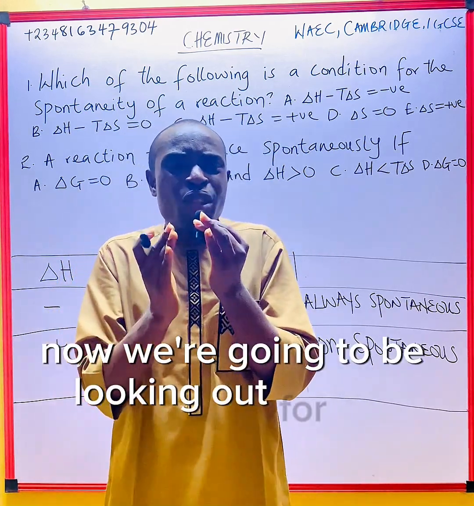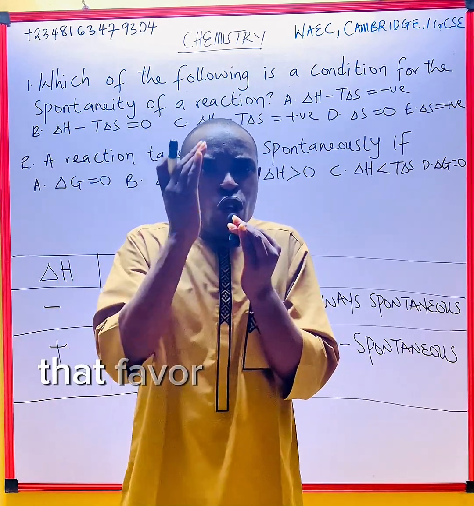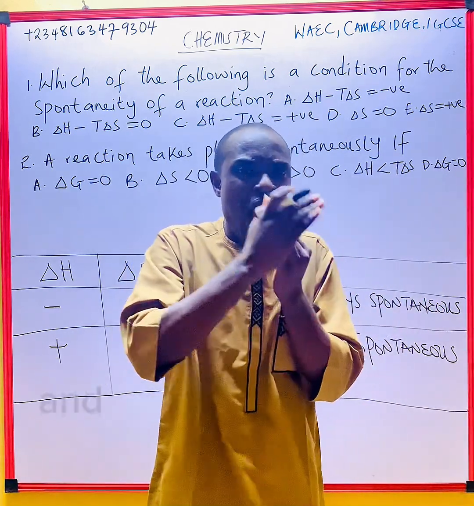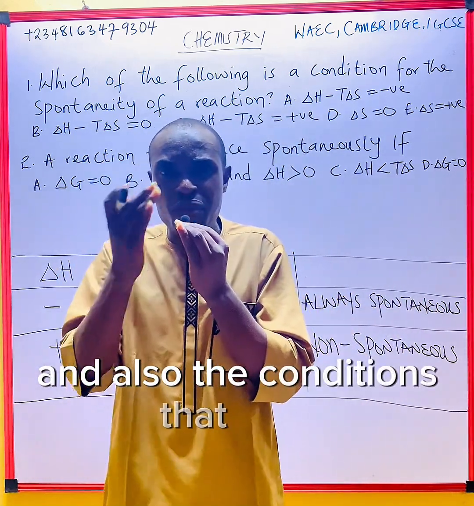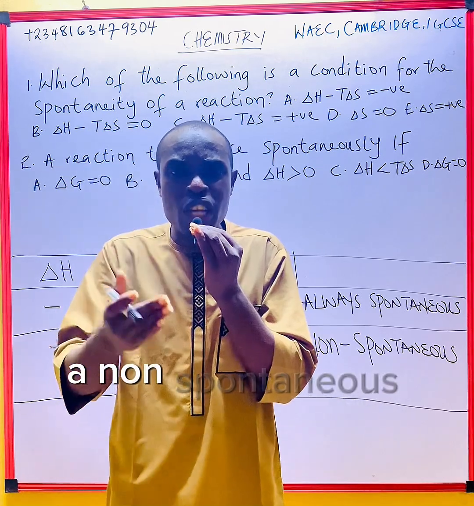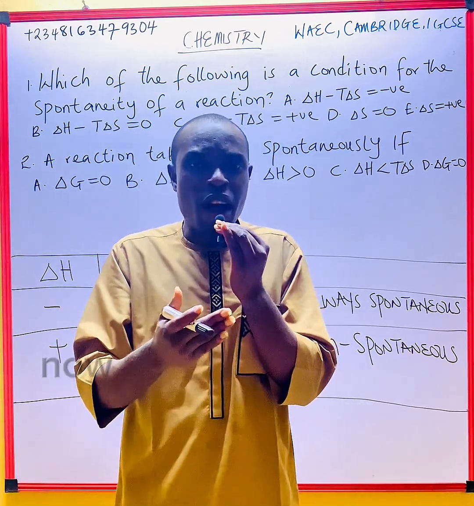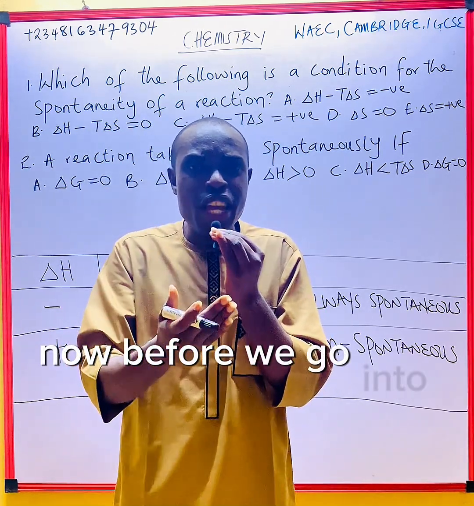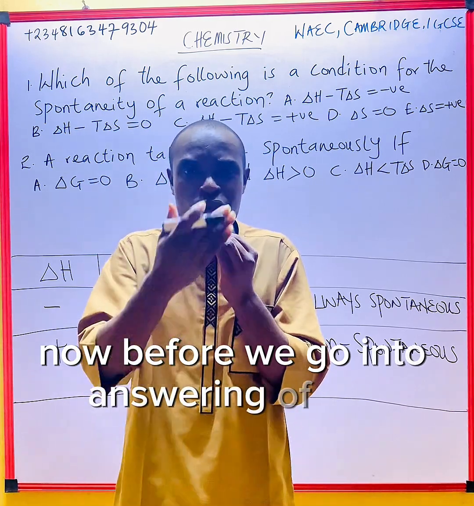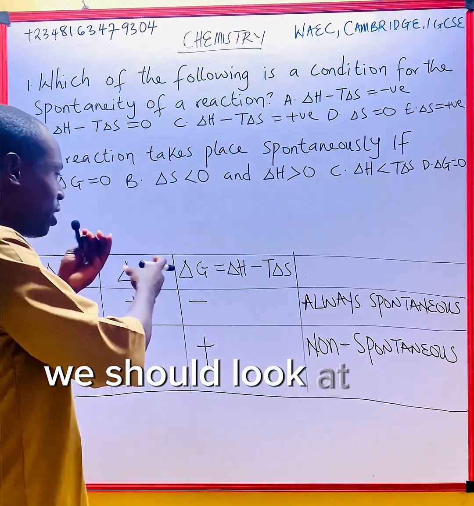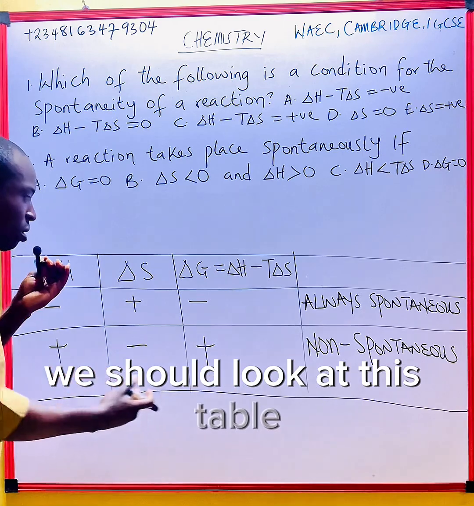Now we're going to be looking at the conditions that favor a spontaneous reaction and also the conditions that favor a non-spontaneous reaction. Before we go into answering the question, we should look at this table here.